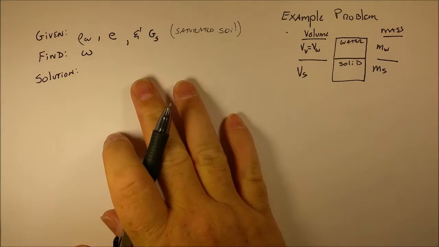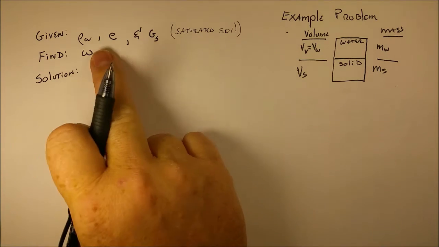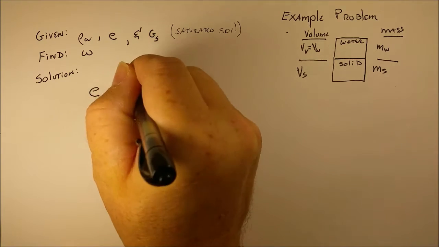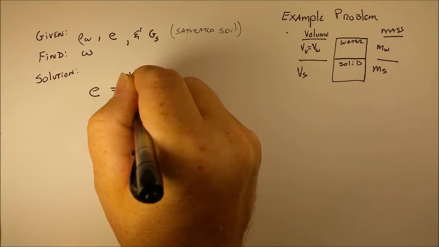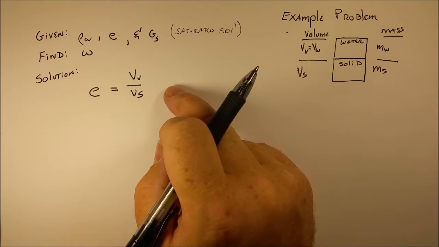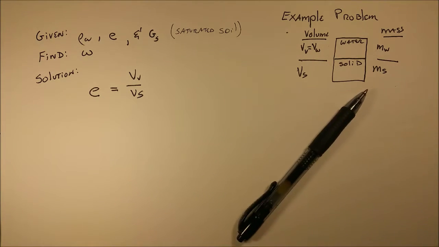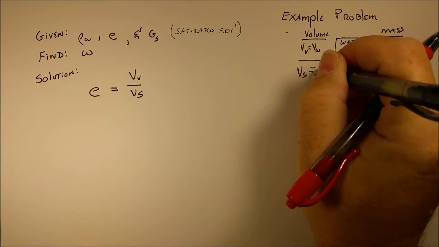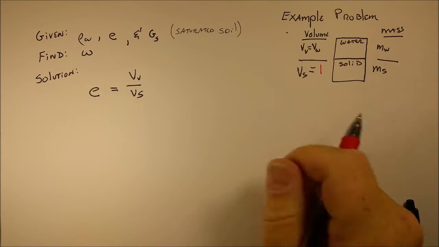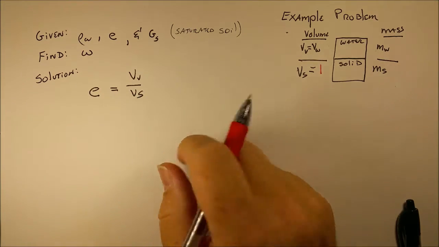So let's continue on and do what we know. First off, we know that we have the void ratio, so we know we have e. And e is equal to the volume of the voids over the volume of the solids. Don't mess that up. Okay, volume of the voids over volume of solids. If we further assume that the volume of solids is equal to 1, it'd be 1 whatever. Since it's all unitless, it's just 1.